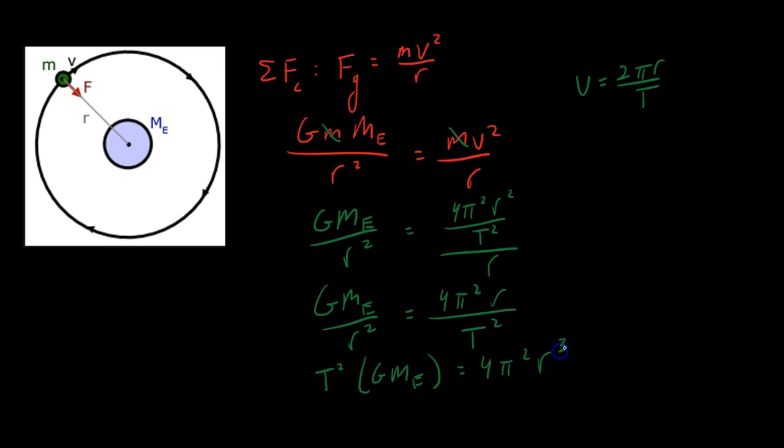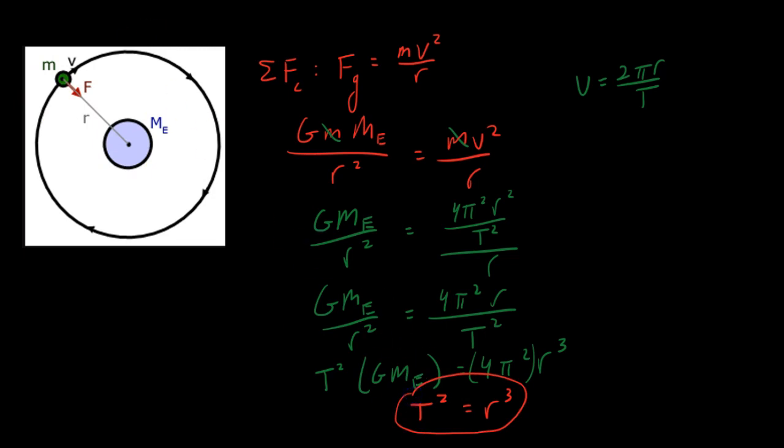That's going to get me T squared times G M_E equals 4 pi squared. Careful, when I swing this r squared over, there's an r already here. That's r cubed. And this is very interesting because this right here, G times M_E, for the Earth, this is just a constant. And 4 pi squared is just a constant. Well, for any object like the Earth, the period, the time it takes an object to go around once, there is a relationship simply with the radius of how far away it's orbiting.